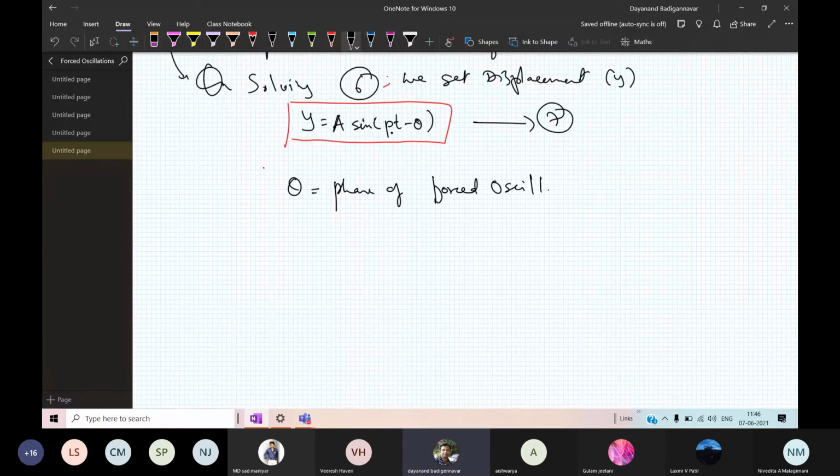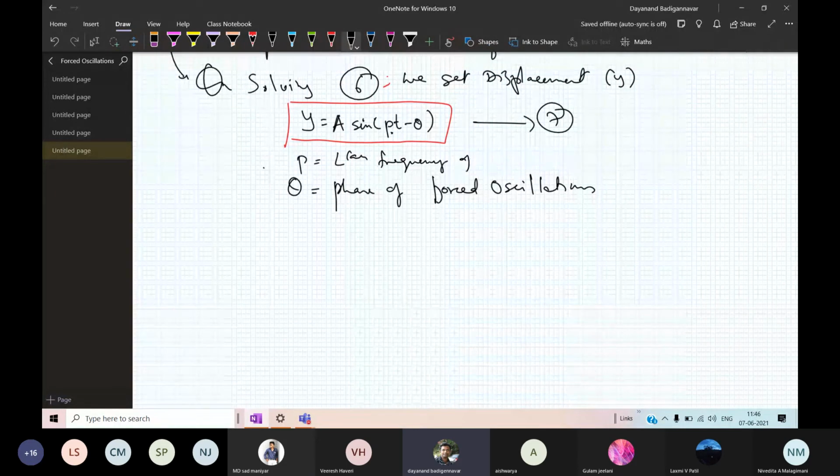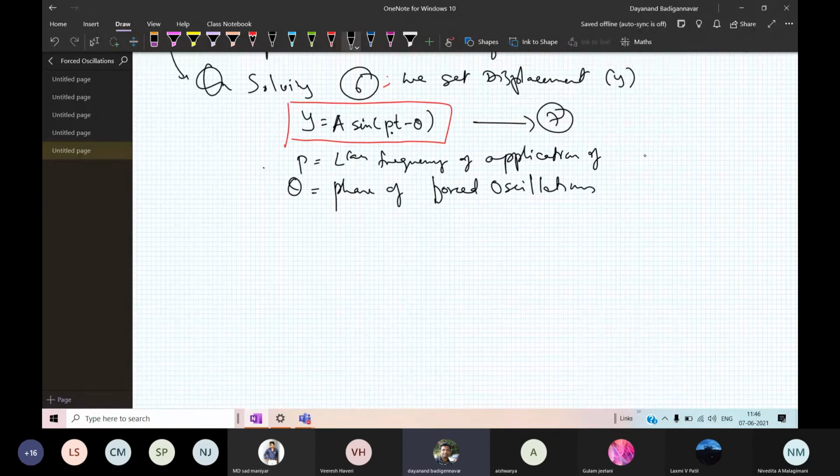Okay, I shall stop here itself. In the next class, we shall continue. And P, you know, is the angular frequency of application of the force. So it's a very important derivation.